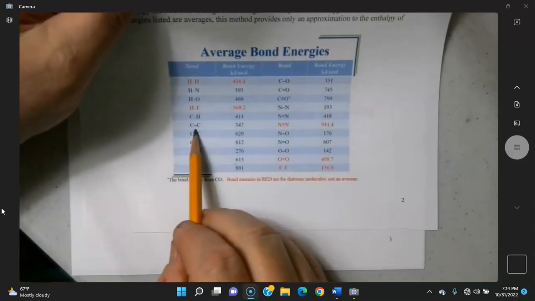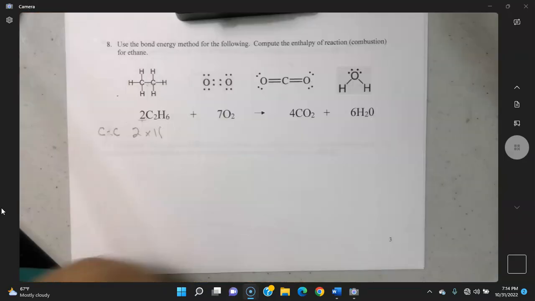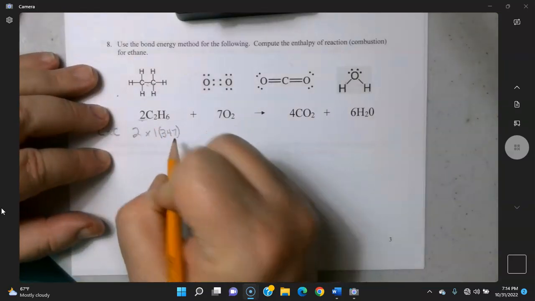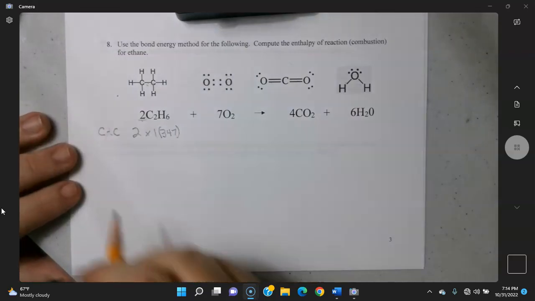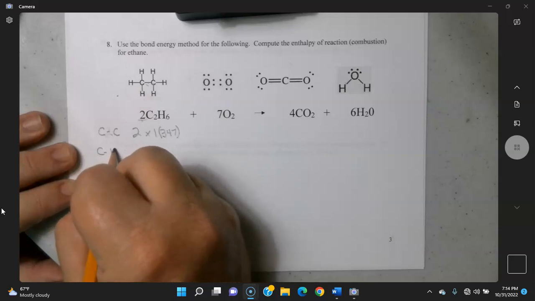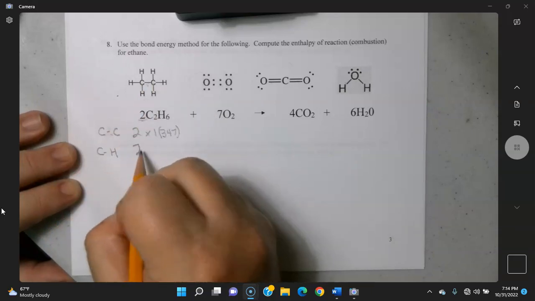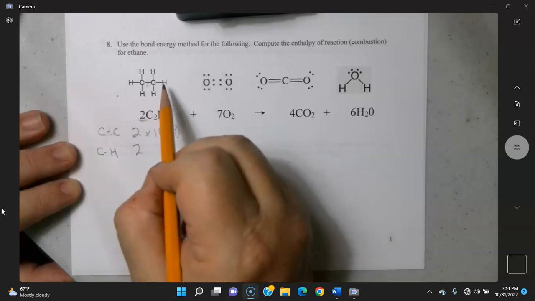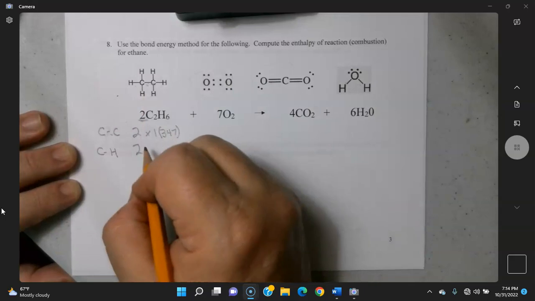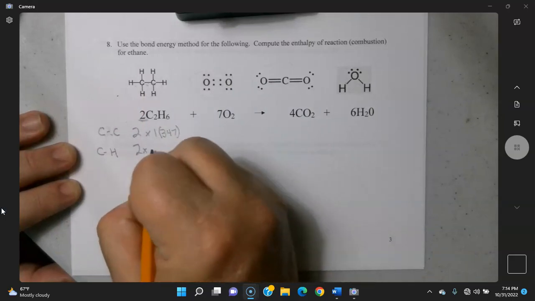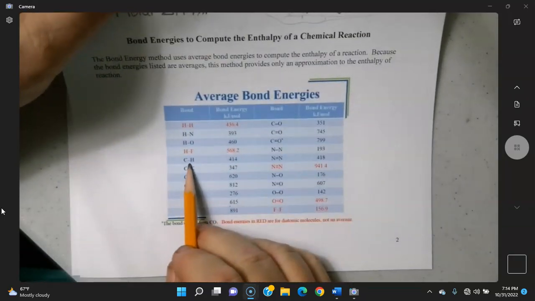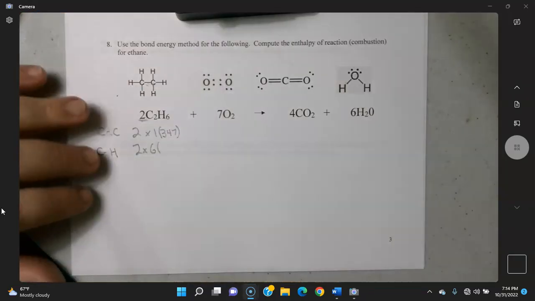Okay, and then I'm going to come over to this sheet. And here's carbon-carbon, and it's 347. So I'm going to put that in here. Now I'm going to come down to the carbon-hydrogen here. Carbon-hydrogen bonds. Again, there's two molecules based on this number right here, and there's 1, 2, 3, 4, 5, 6 carbon-hydrogen single bonds. So it's 2 times 6, and now we come over here to find carbon-hydrogen. It's right there, and it's 414 kilojoules per mole.